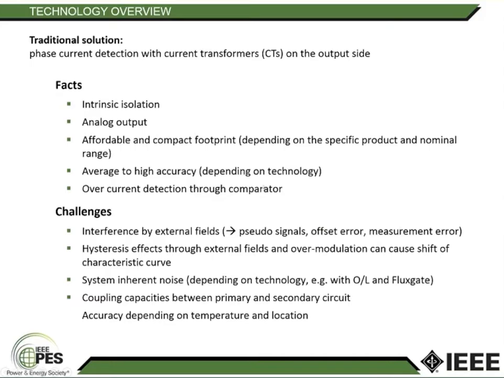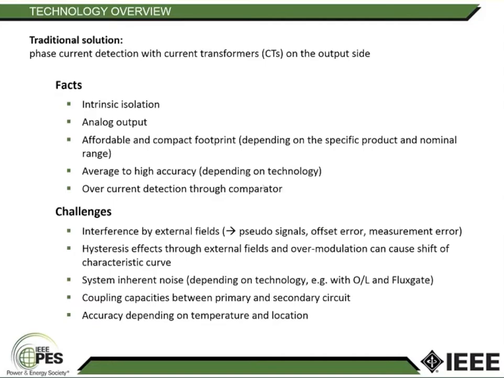There's also some challenges with those products. Usually you get interference by external fields, you get pseudo signals, offset errors, measurement errors that you have to deal with. You have hysteresis effects through external fields and overmodulation, which can cause a shift of the characteristic curve of those products.